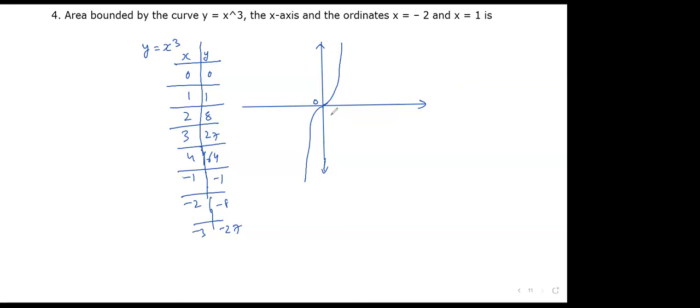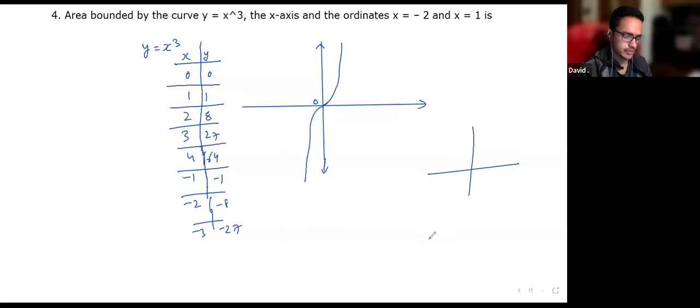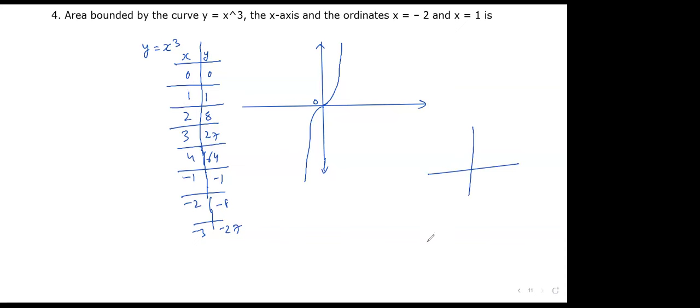So how will you verify? First of all, you will take n number of points. When you have to draw a curve, you have to take as many points as you can, because you have to understand the nature of the graph.